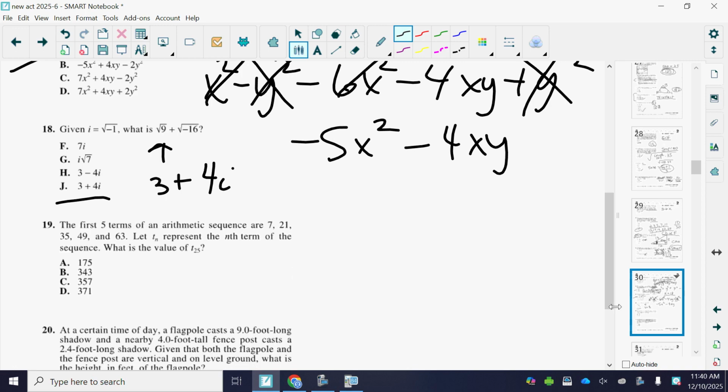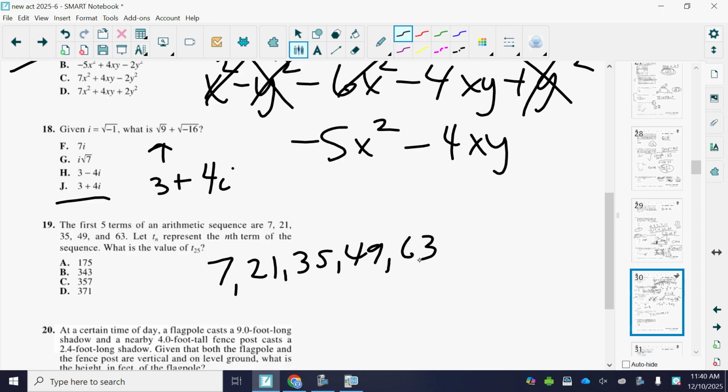Okay? An arithmetic sequence. Oh, these are trouble. 7, 21, 35, 49. Hey, what are they doing each time? They're adding 14, huh?